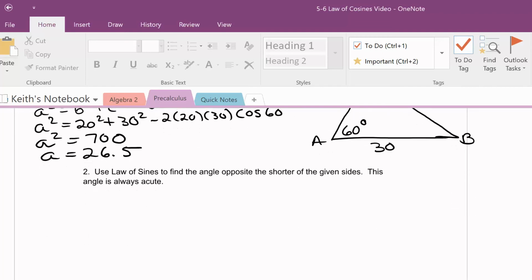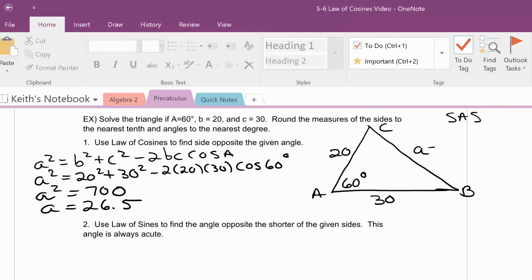Then, since we now know side A is 26.5, it wants us to use the law of sines to find the angle opposite the shorter of the given sides, because that is always acute. So we're going to find angle B. So we're going to go 20 over sine B equals 26.5 over sine 60.